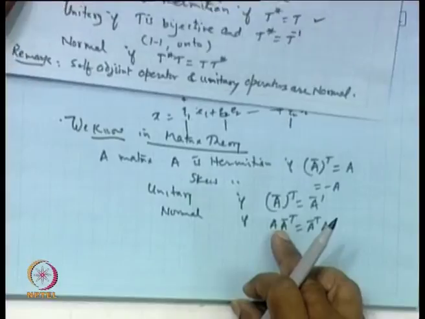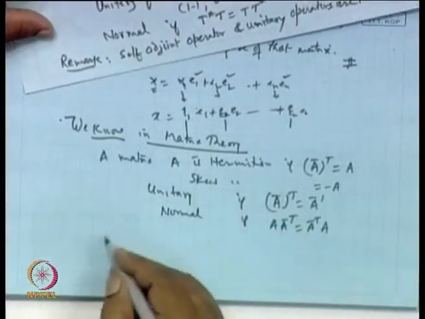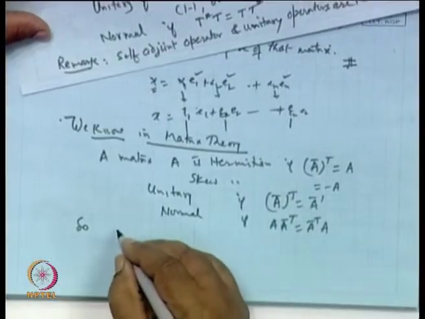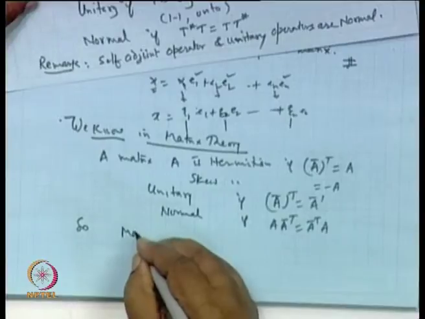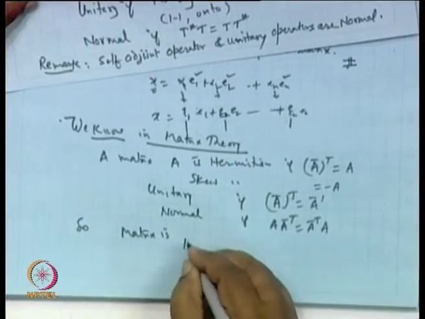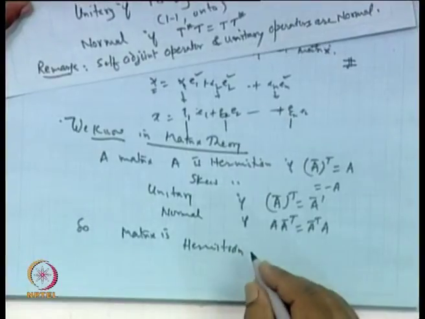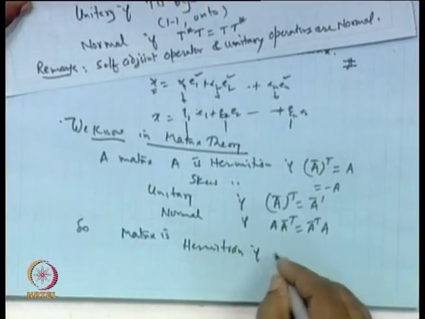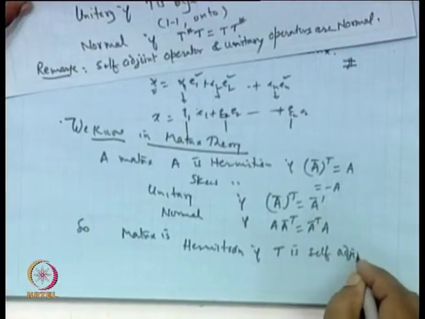So we can say a matrix is Hermitian if the corresponding operator T is self-adjoint. Is it okay?